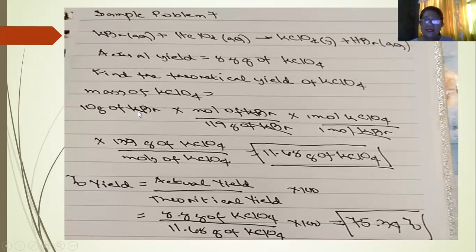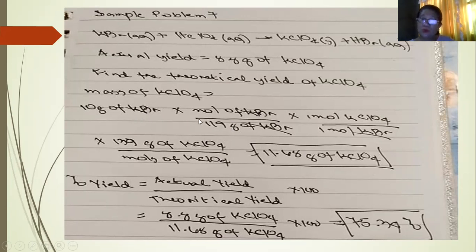So next thing is, let us convert this 10 grams into mole. So by having the molecular weight of potassium bromide, which is 119, reverse it, that is mole over 119 grams of potassium bromide.